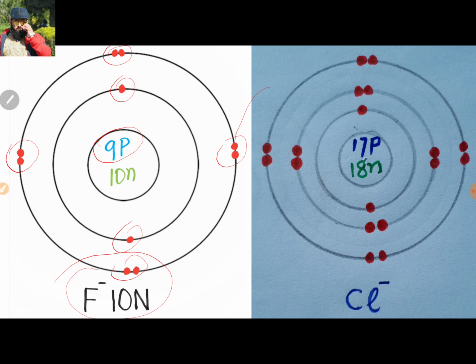When it gets an electron in its outermost shell to complete its octet, it gets a negative charge and forms a fluoride ion. Similarly, the chlorine atom also has 7 electrons in its outermost shell. When it gets another electron from another source, it acquires a net negative charge, and we call this the chloride ion.